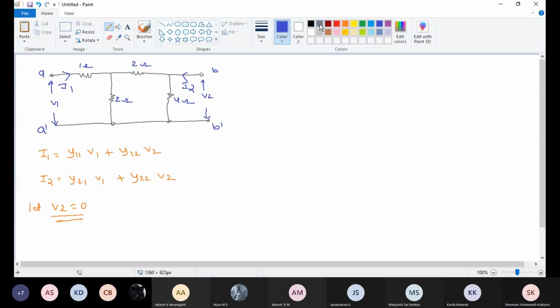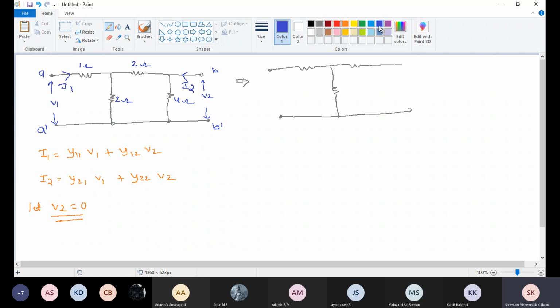Short circuit. Voltage 0 means resistance is 0, so this becomes a short circuit. Current 0 means open circuit.